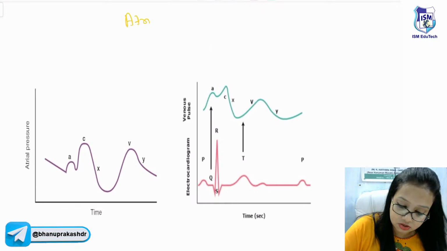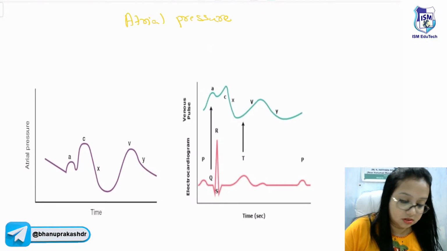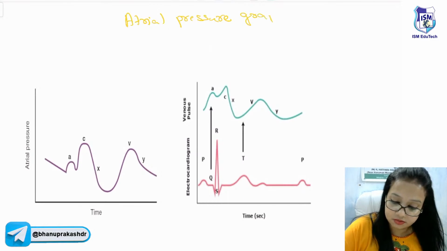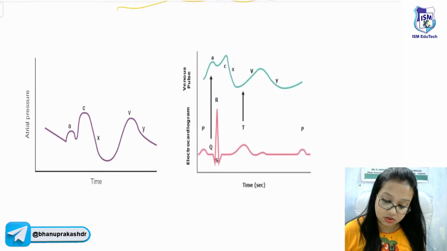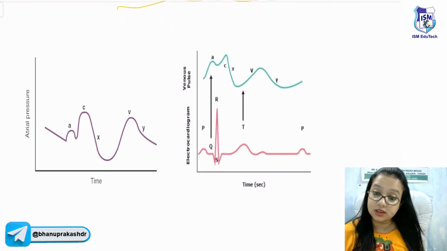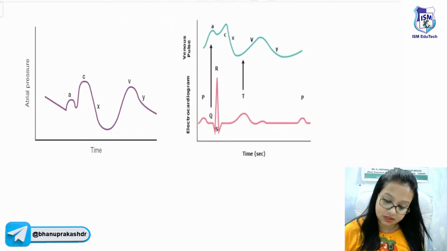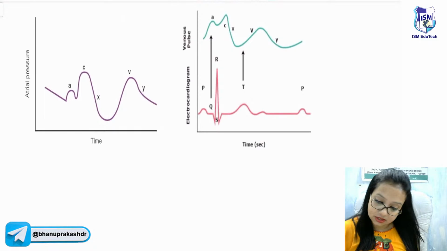The atrial pressure graph is the jugular venous pressure in normal condition. Today we will understand only the normal condition because we are getting oriented to that. Later we will see the clinical conditions.